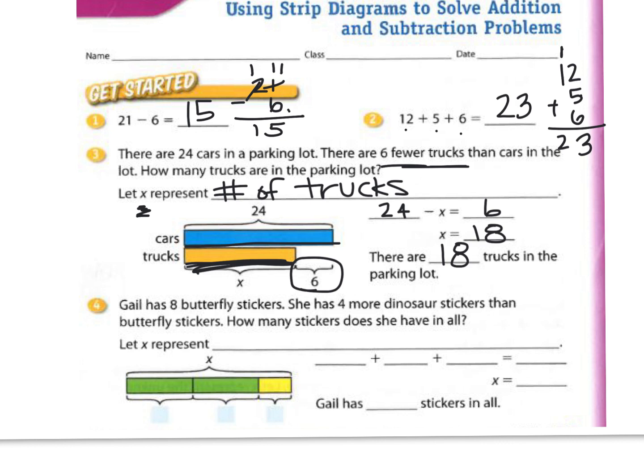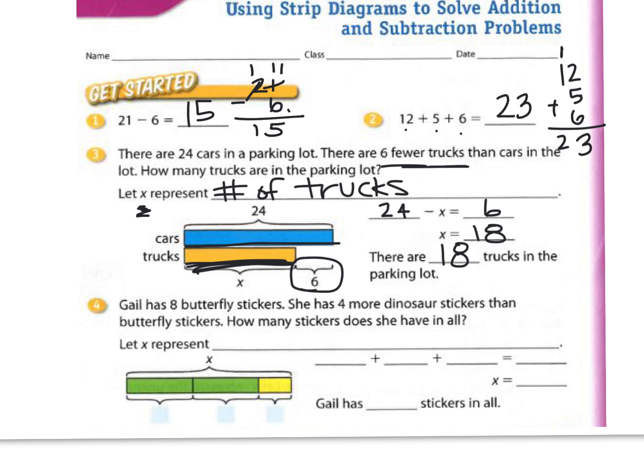Number 4 says, Gail has 8 butterfly stickers. She has 4 more dinosaur stickers than butterfly stickers. How many stickers does she have in all? Well, we know that she has 8 butterfly stickers and she has 4 more dinosaur stickers than butterfly stickers.